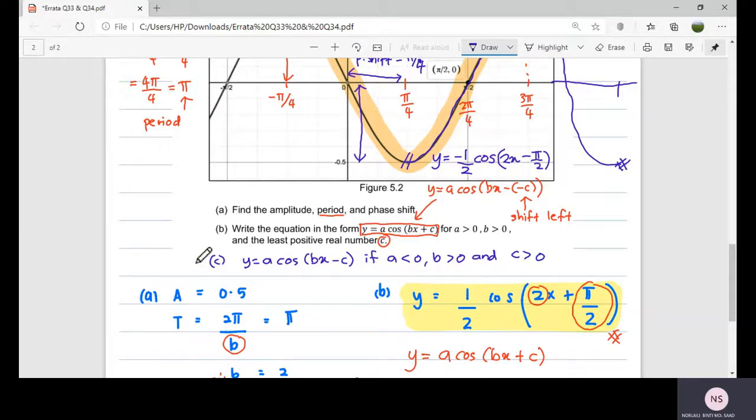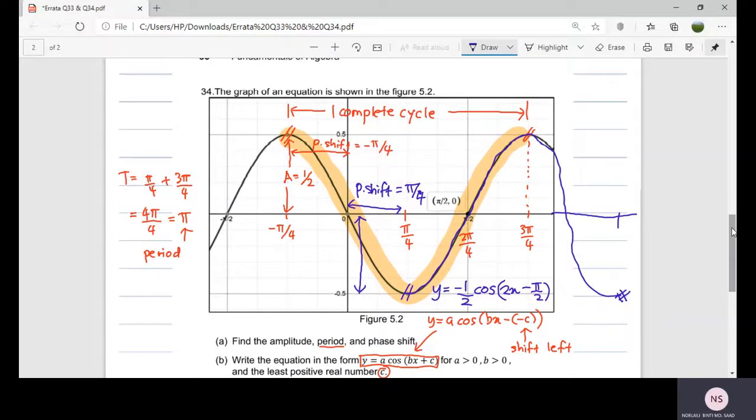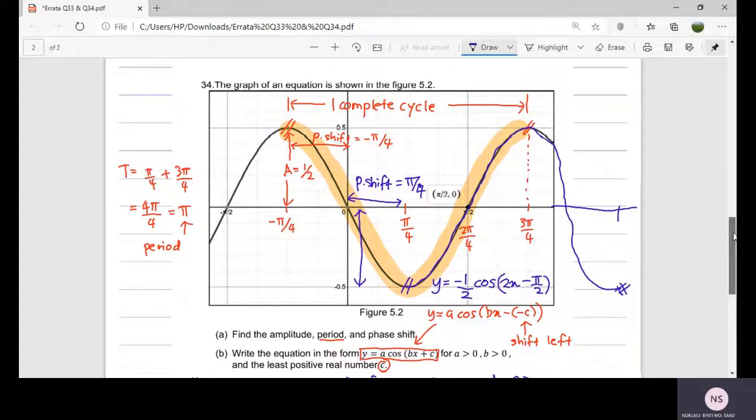Okay, additional question. Hopefully you can understand the difference between question B and also question C. Look carefully at which graph you need to crop and find the equation.